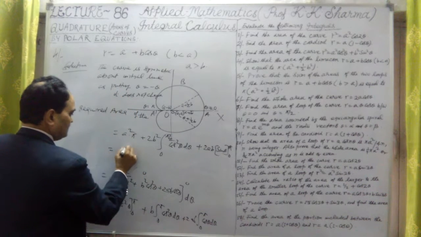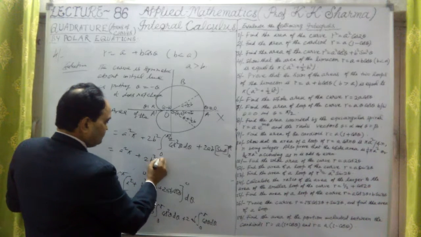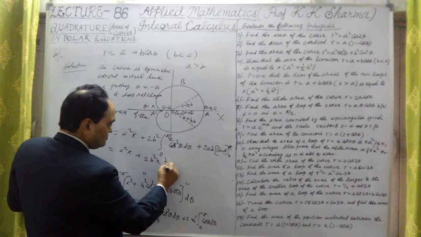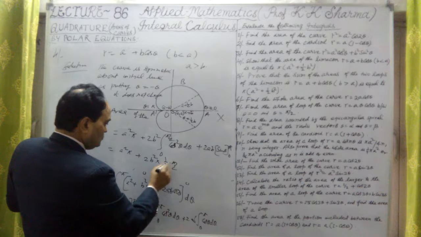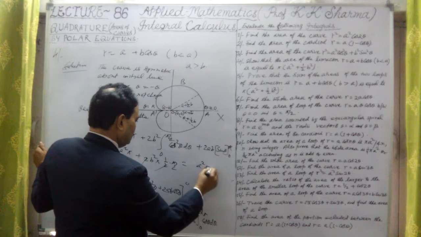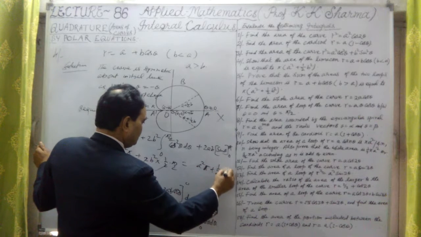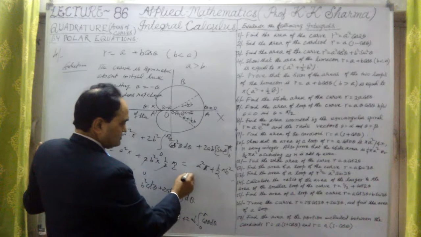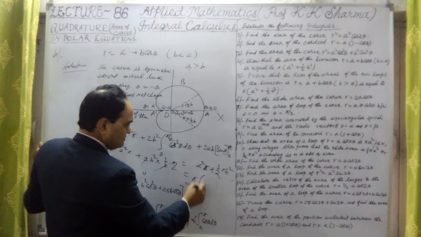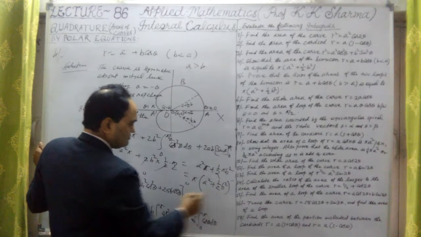So what we have is a square pi plus twice b square into, by the reduction formula, cos square theta, one by two into pi by 2, the 2 cancels out. It is nothing but a square pi plus half pi b square. If I take pi common, it will give us pi into a square plus half b square.